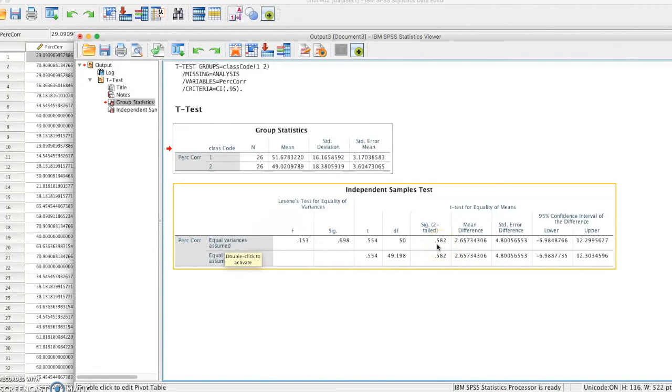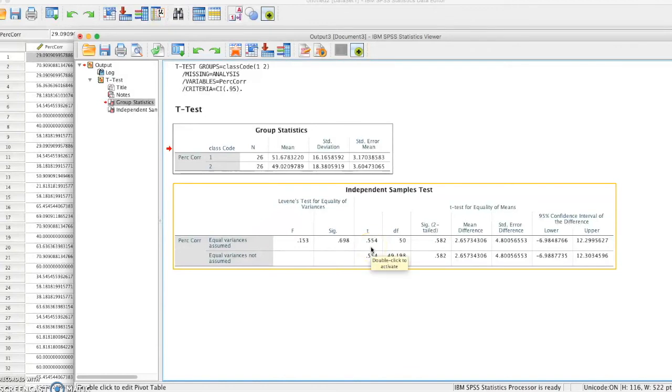So we see that this test has given us a p-value of 0.582. And as you probably recall, the significance factor that we're looking for is a value that is lower than 0.05. So this number, 0.582, is obviously higher than that, meaning that there is no statistically significant difference between my class and my colleague's class.